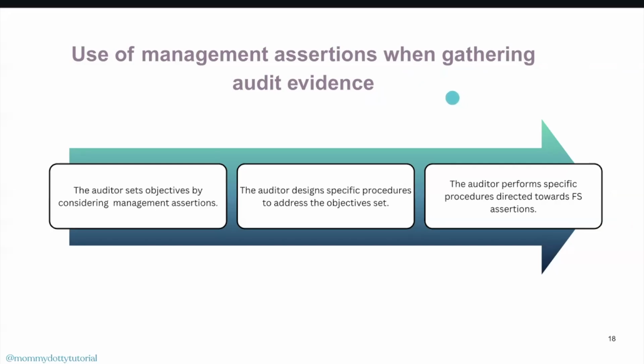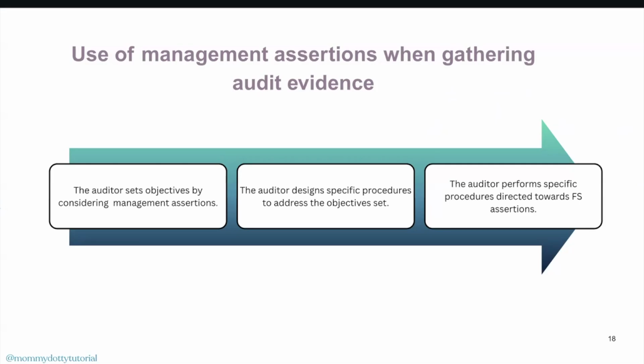So in representing that the financial statements are presented fairly, it didn't say here 100% correct. It says here fair. So management implicitly or explicitly makes assertions regarding the recognition, measurement, presentation, and disclosure of the various elements of financial statements and related disclosures.